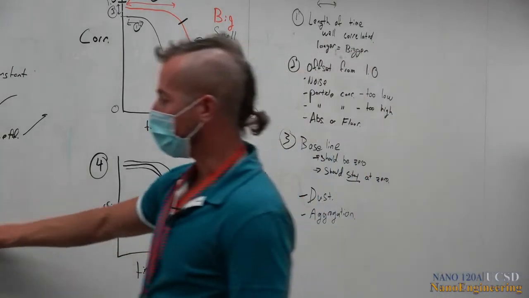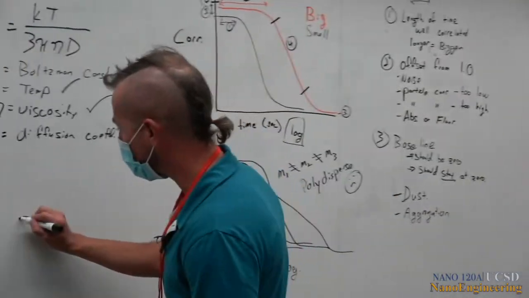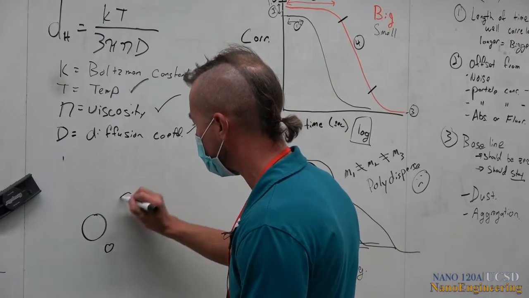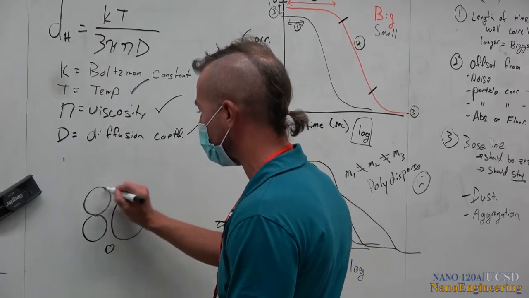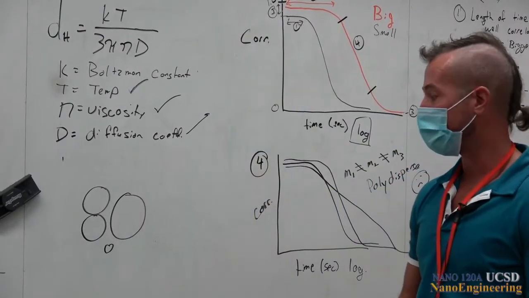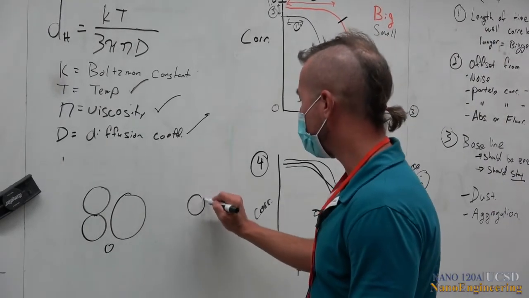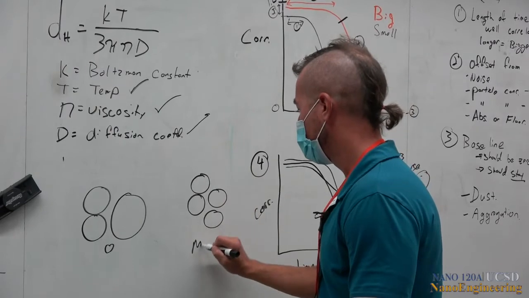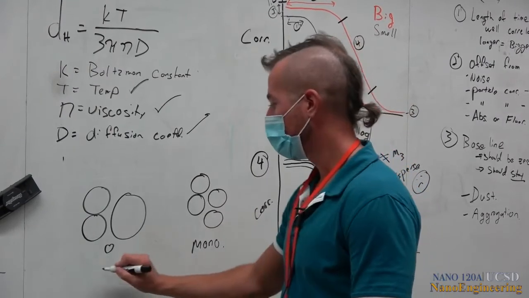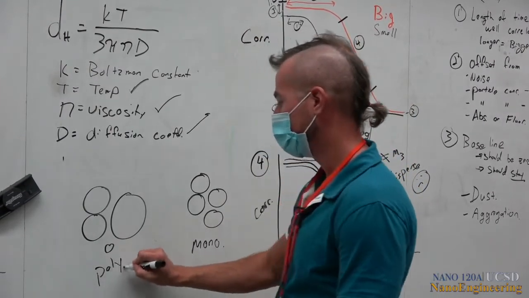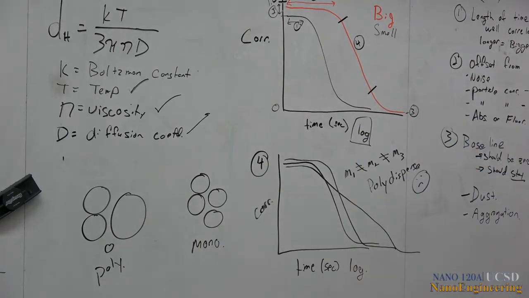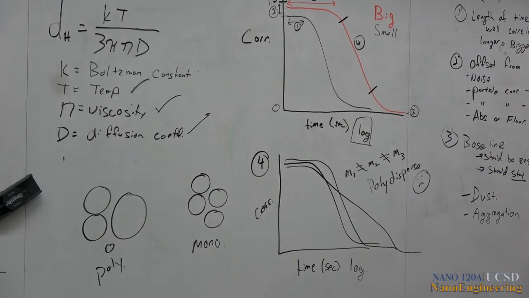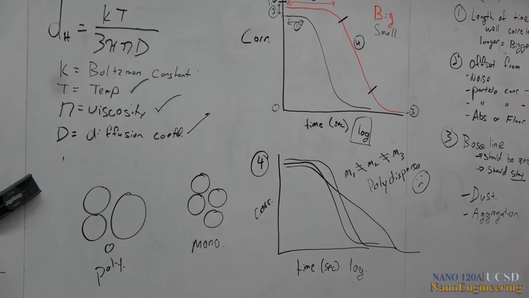So this just means that in this situation, you have one particle like this, one particle like this, one particle like this, one particle like this. They're different sizes. As opposed to a monodisperse system that looks like this. Okay?